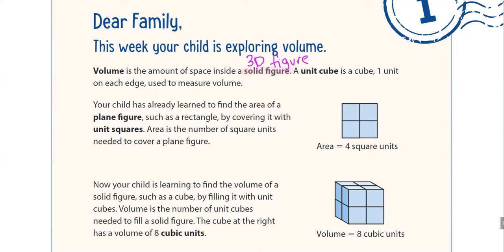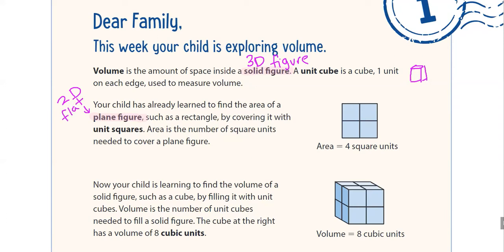A unit cube is a cube. That's why it's called a unit cube, because it's a cube. It's one unit on each edge, used to measure volume. So you already learned last year, or even the year before, I remember I used to teach it to 3rd graders, that the area of a plane, and I want to emphasize plane, when they say plane figure, they mean 2D figure. 2D, flat.